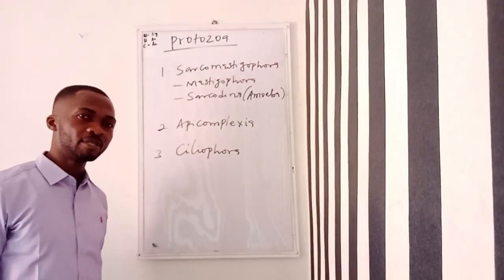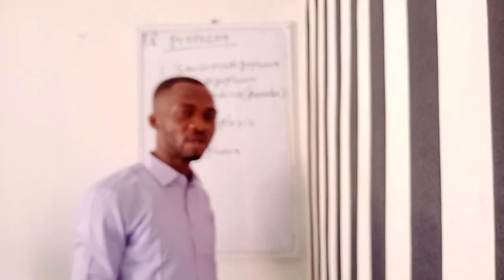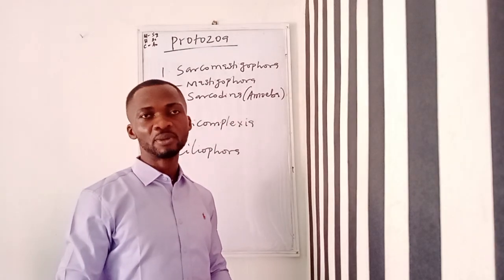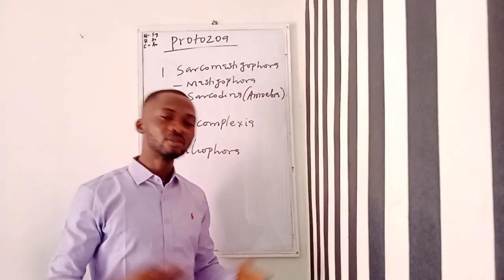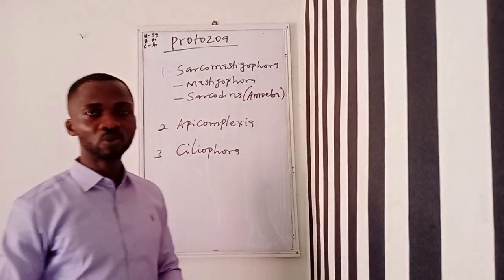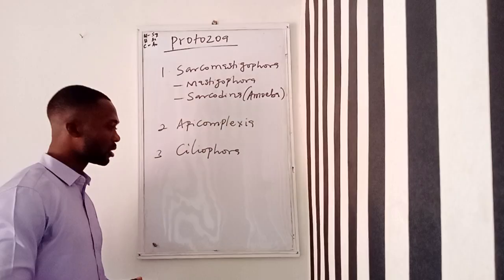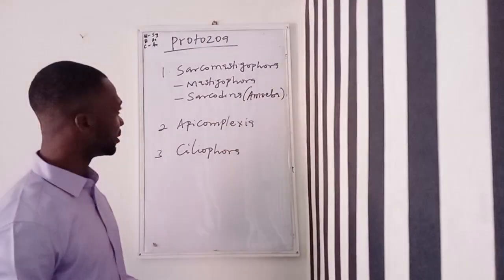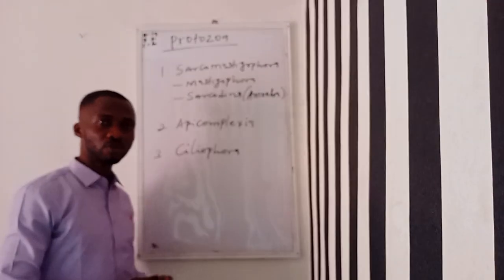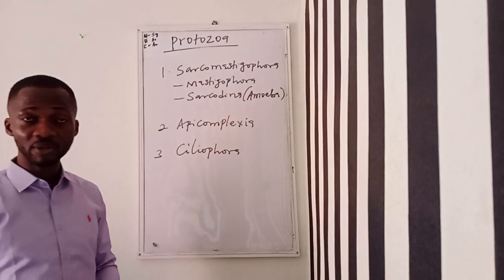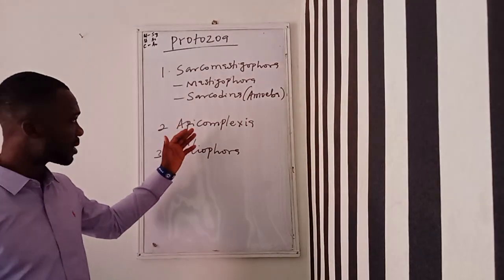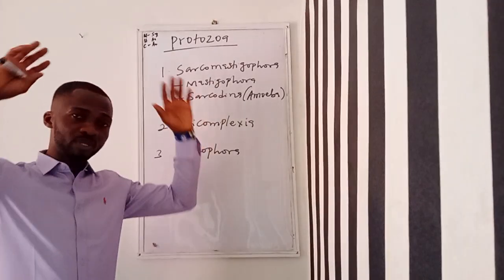When we talk about Epicomplexia, we mean that this group of protozoa have an apical complex. They have a complex head, and it's usually found in Plasmodium, and not even in all stages of Plasmodium. Those invasive stages of Plasmodium, which I mentioned when we talked about the life cycle, like the schizonts and the rest of the invasive stages, are equipped with this apical complex.